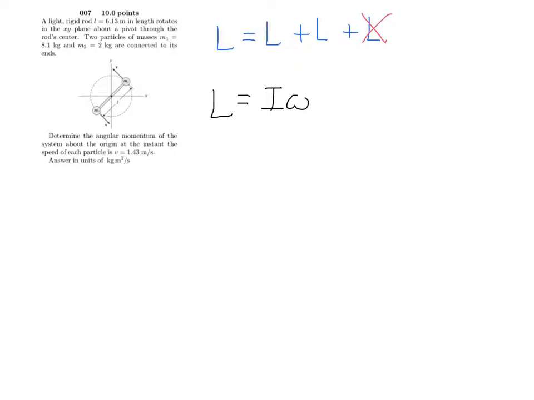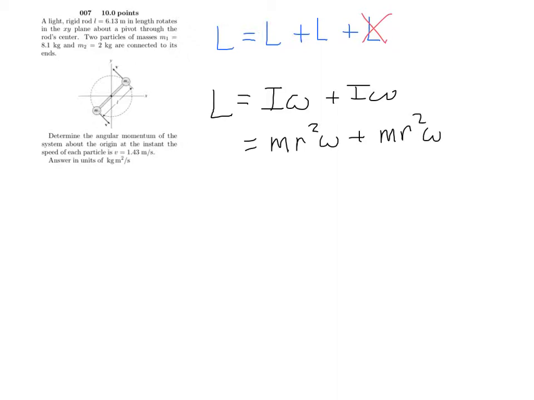So for a point mass, I'm going to have one and then I'm going to have the other, I omega. So for each point mass, the moment of inertia is going to be mr squared times omega. It gives me my momentum plus another mr squared omega.